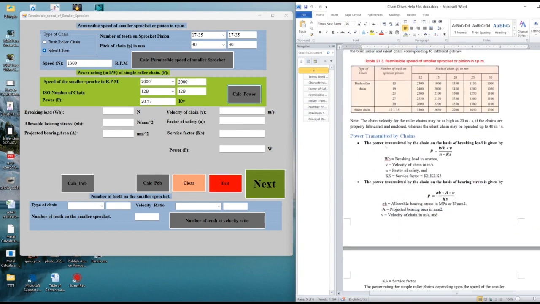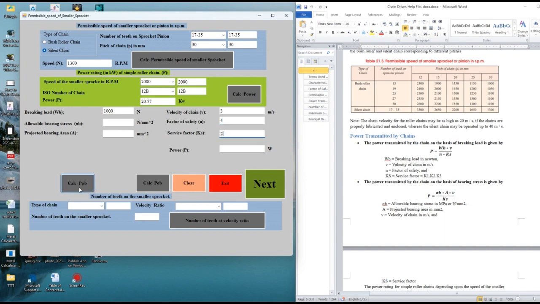Here, do you see? The power transmitted by the chain on the basis of breaking load is given by P equals WB times V over N times KS. This is on the basis of breaking load. Then, by entering the values, for example 1000 breaking load, V 3 meter per second, factor of safety for example 4, and the value of KS, for example 2.